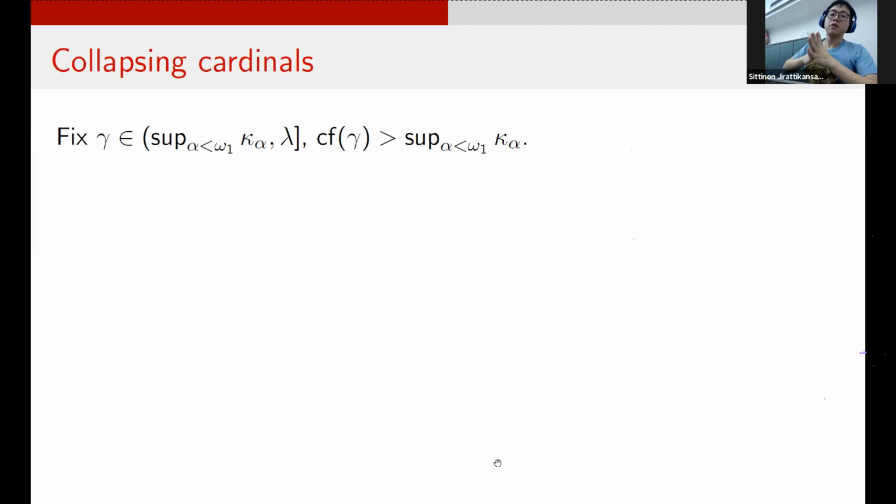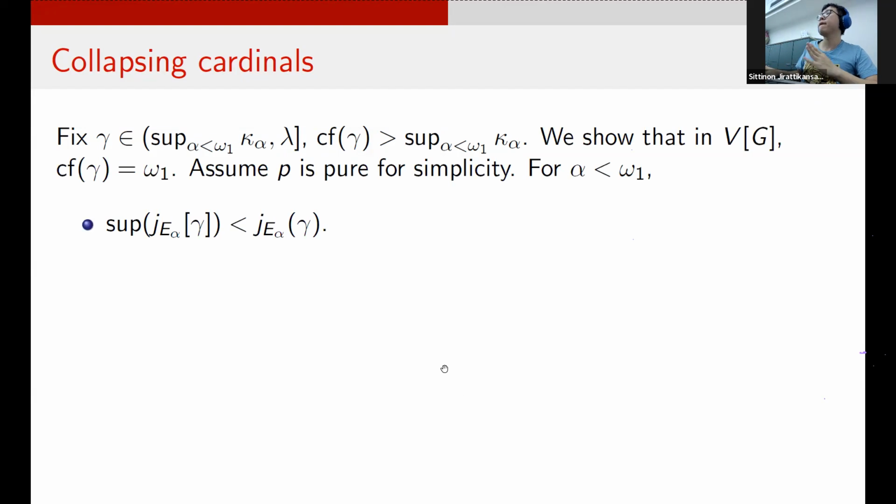Okay. So now the part that is different is that the cardinals between the sup and lambda, including lambda, will be collapsed. So let's say that gamma is in the interval, and I want to make sure that it will be collapsed. I think this one will have cofinality omega 1 in the extension. So let's say the cofinality of gamma is large. So what is a candidate?